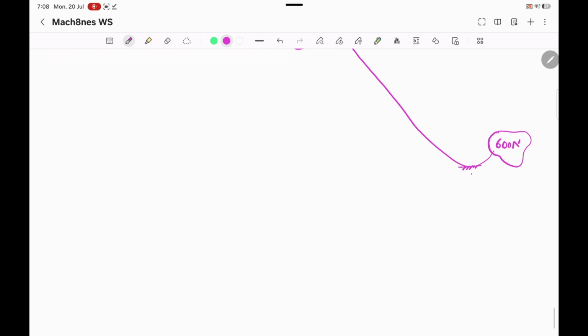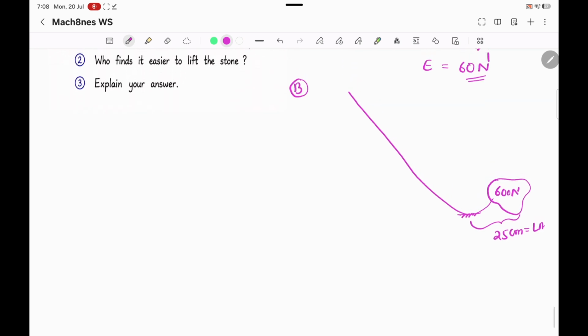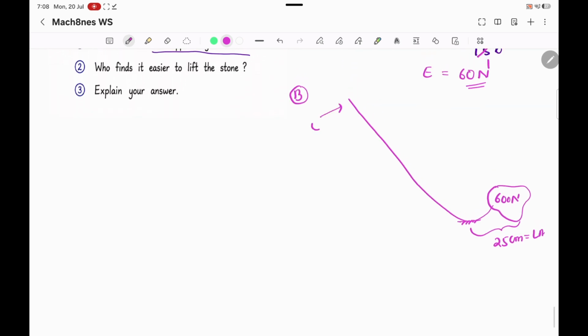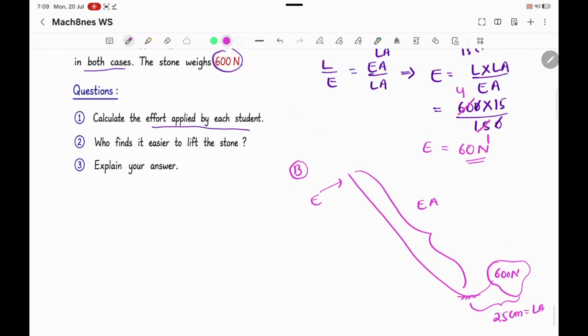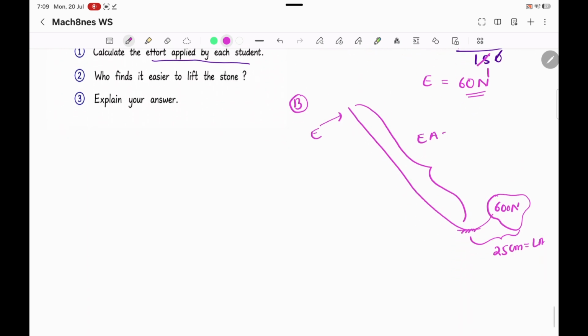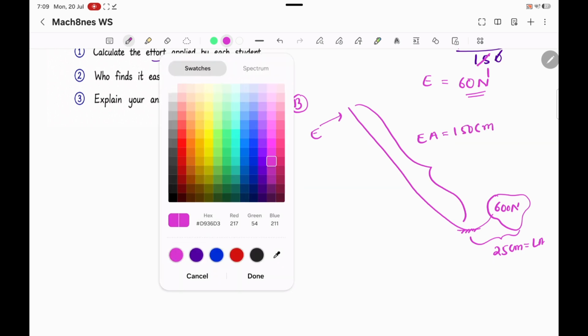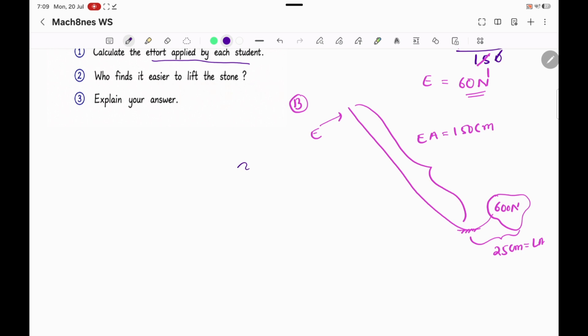So 25 centimeters will be the load arm, and this is the point where he is applying the effort. Children, in both cases the effort arm will be the same as per the question. So effort arm will be how much? It is 150 centimeters. Now let us apply the same formula here, that is effort is equal to load into load arm by effort arm.